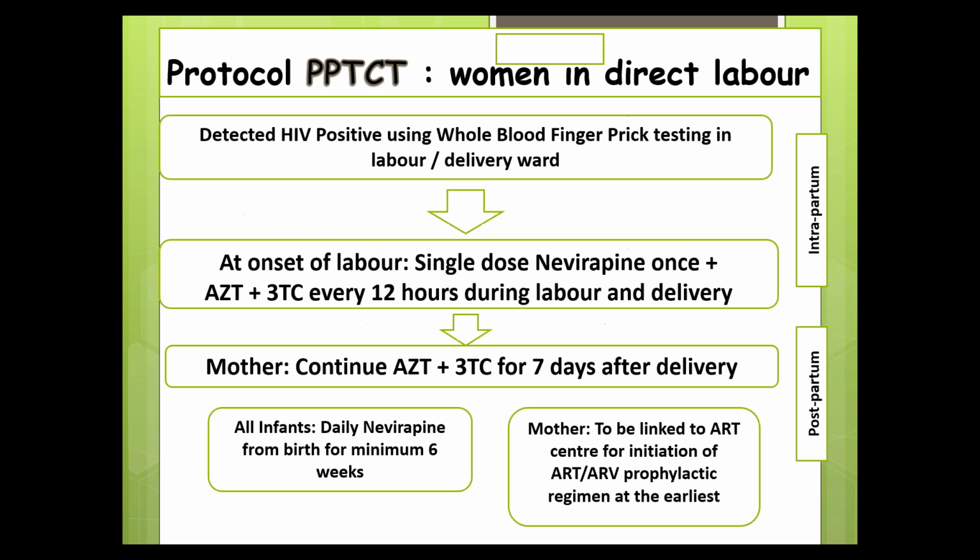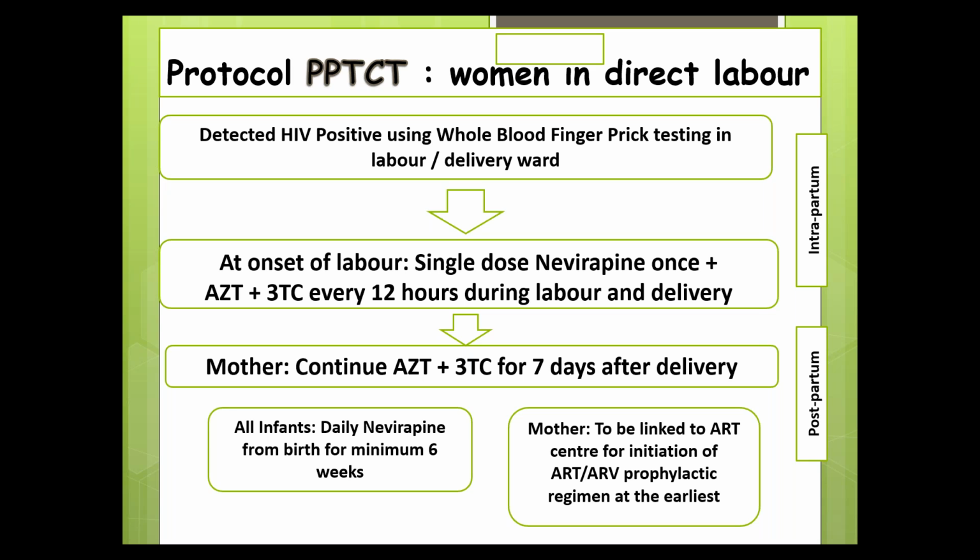Okay. This is actually the protocol if HIV positive is detected during the blood finger prick at the onset of labor: single dose nevirapine, plus, as I have told you, every 12 hours during labor and delivery, mother and baby should always continue. Okay, all infants get nevirapine from birth for a minimum of 6 weeks. Okay, and the mother should be linked to the ART center for initiation of ART and ARV prophylactic regimen at the earliest.